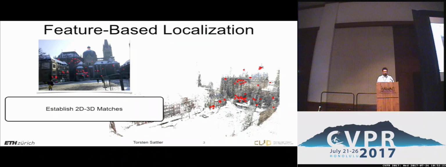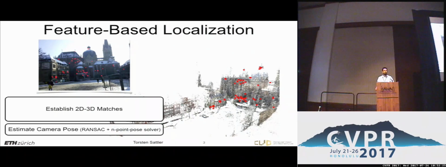And then once you have those, you can estimate the camera pose using pretty standard techniques that involve applying an n-point pose solver that computes a camera pose from n 2D-3D matches inside a RANSAC loop to handle outliers. So you end up with a camera pose such that the 3D points are projected onto or close to the 2D measurements.